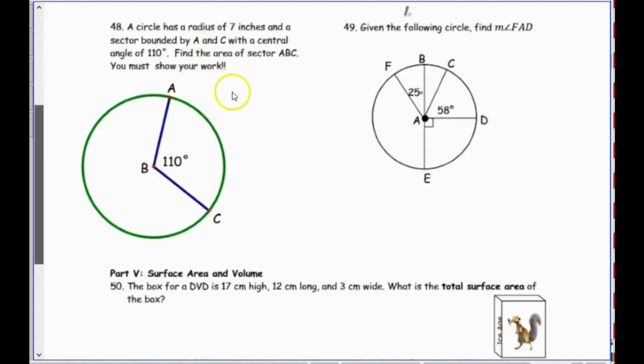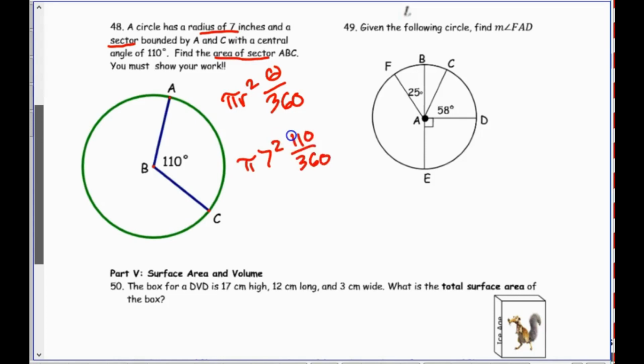Okay, a circle has a radius of 7, and we're looking for the area of a sector. So that's pi r squared times theta over 360. So r is 7. So pi 7 squared times theta, which is 110 over 360.